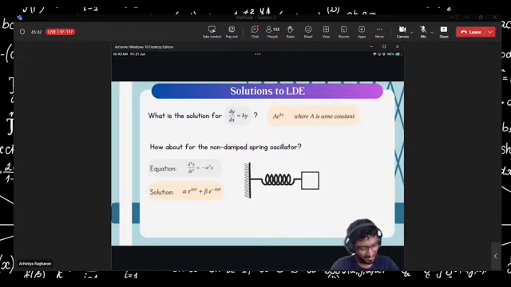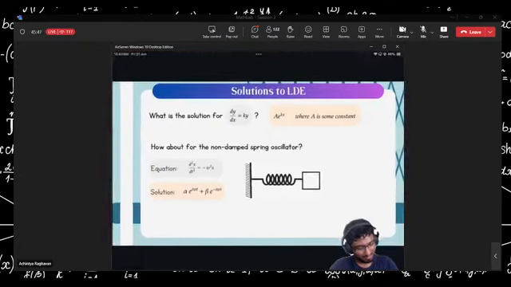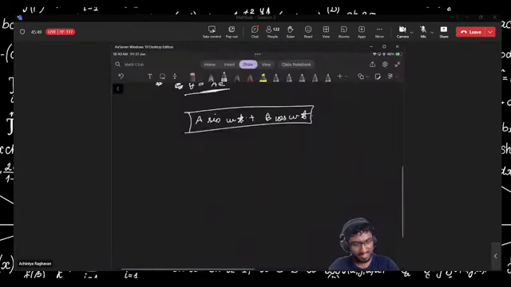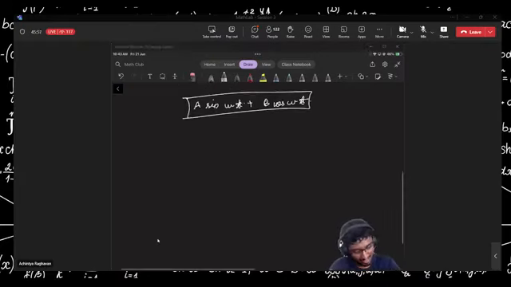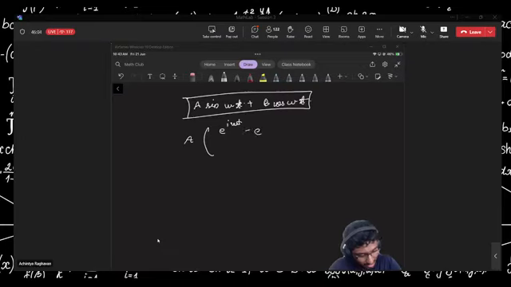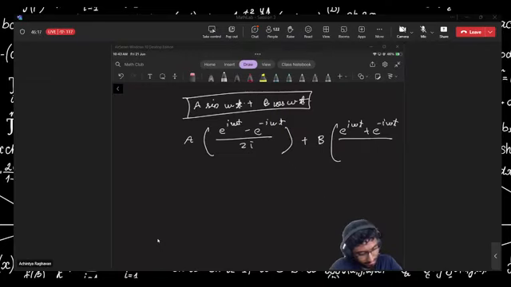So yeah, this was the question for spring. What is the solution? And the solution I've written here is in terms of exponential. However, the solution you guys would have seen is more of this form. I'm just going to show you these two are the same. Sine can be represented in terms of exponential: this is e power i omega t minus e power minus i omega t by 2i, plus b times e power i omega t plus e power minus i omega t by 2.